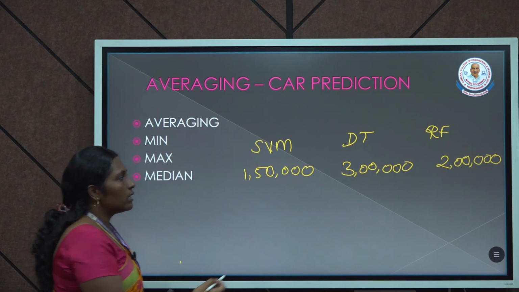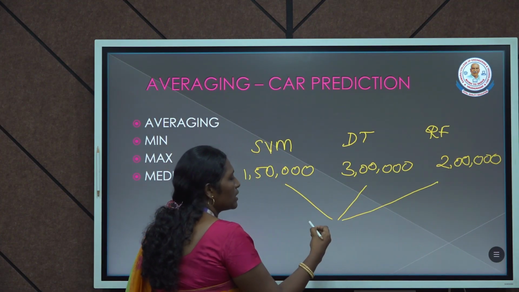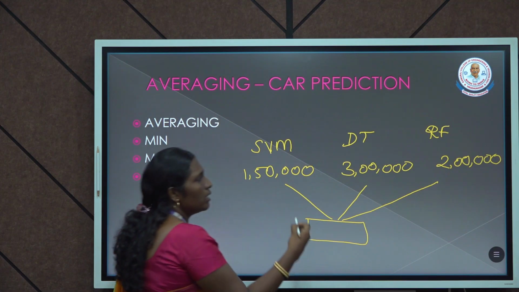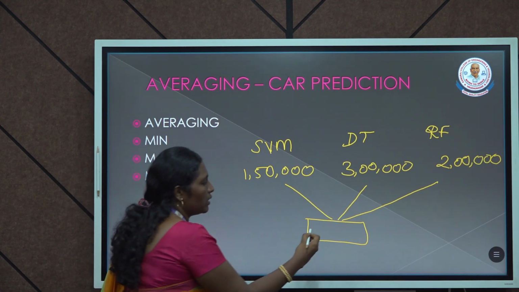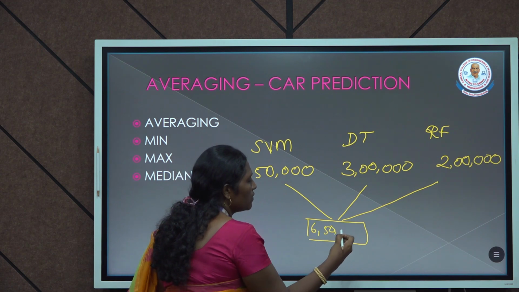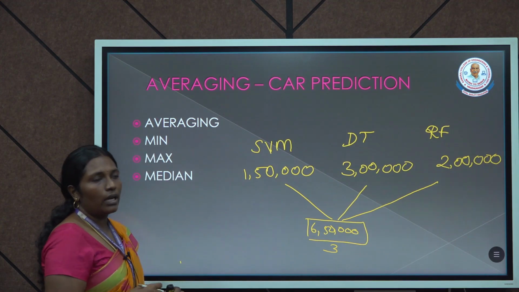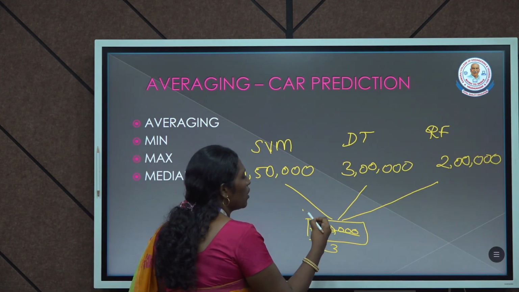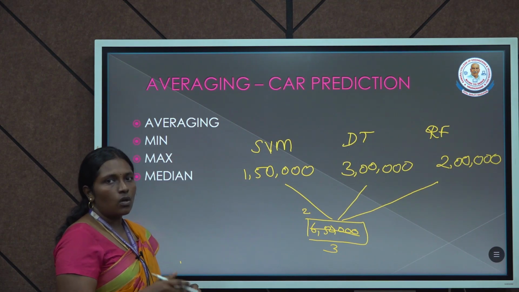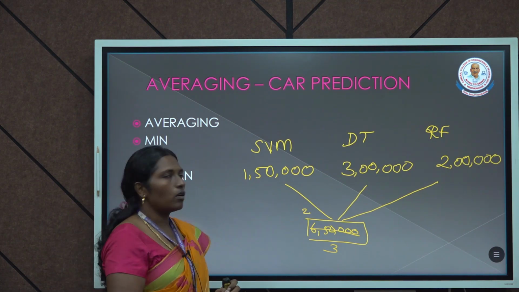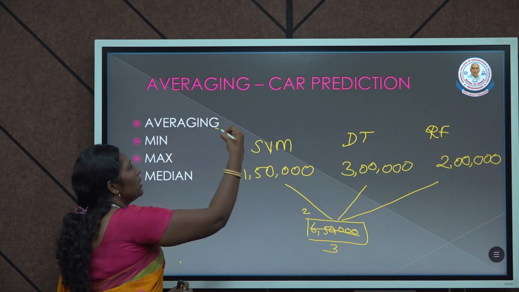I will sum all the 3 results, that is 3 lakhs plus 2 plus 1.5, so 6,50,000, divided by 3. From this I get around 2 lakhs that I have to pay for the car. Around 2 lakhs means I will be going with random forest or the SVM. So this is the averaging technique.